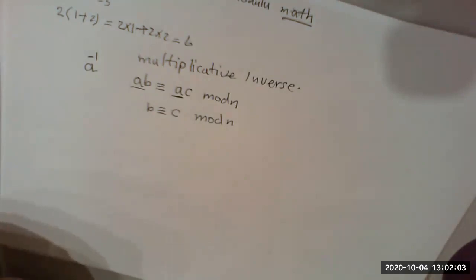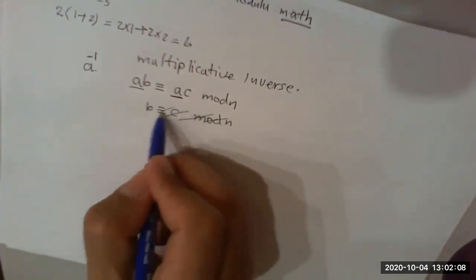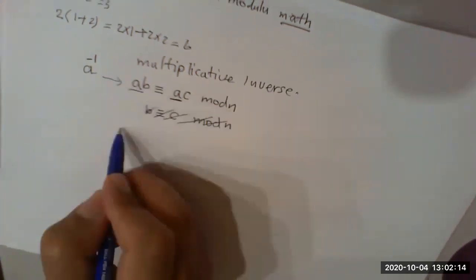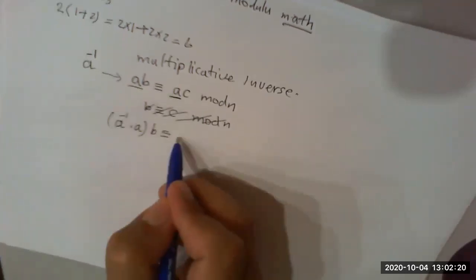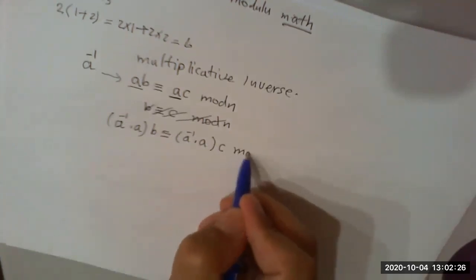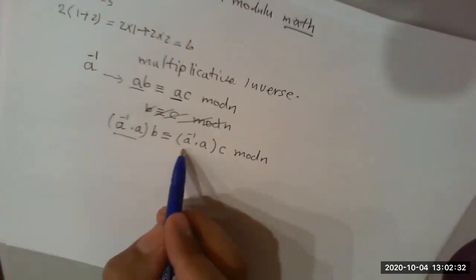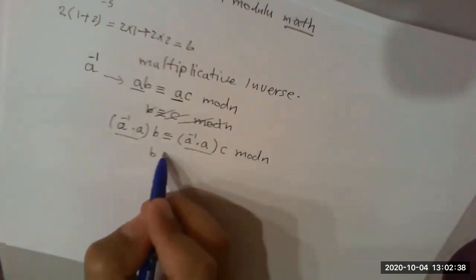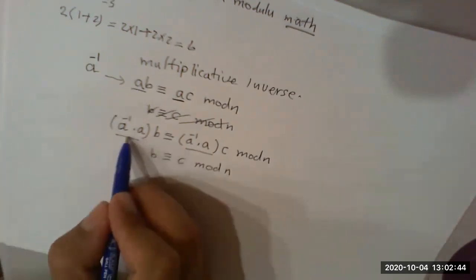So I multiply both sides by the multiplicative inverse. Just forget about this for now, and multiply A minus 1 for both sides. It's A minus 1 multiplied by A multiplied by B, all of them, equal A minus 1 multiplied by A, all multiplied by C mod N. And now I can have these are equal 1, and these are equal 1. Now I can have B is congruent with C mod N, just because of the multiplicative inverse.